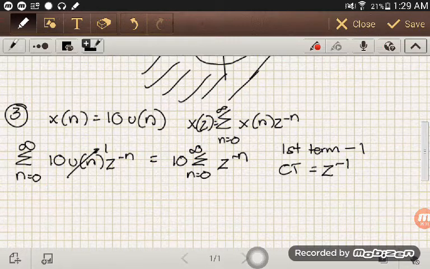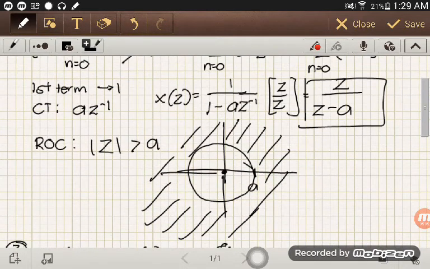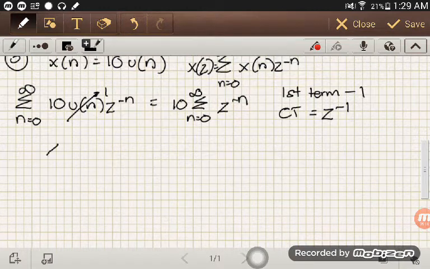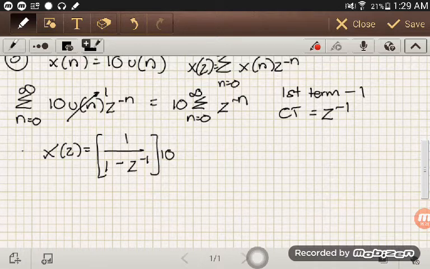So if that's the case, then your X(z) is equal to the first term over 1 minus the common ratio z^(-1), times the factor 10 here.